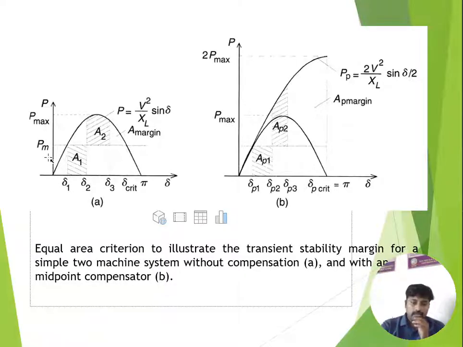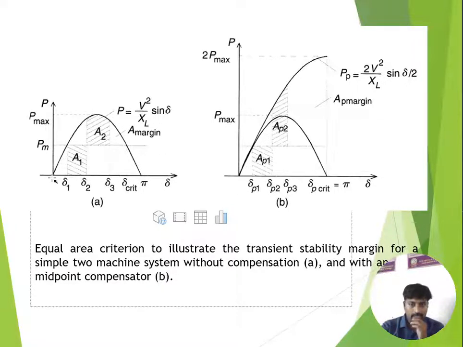Initially, for this analysis, we consider the mechanical power to be constant. The mechanical power is represented with a straight line. The electrical power is V square by XL sine delta.